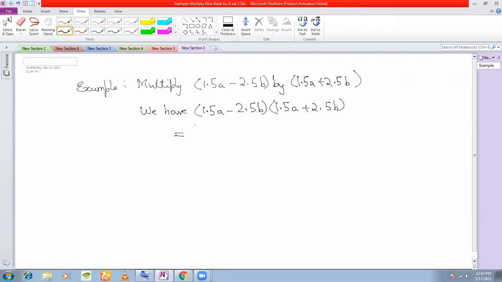Now see here, 1.5a you can convert to a fraction also, right? Instead of working with decimals, it is always convenient to convert it into a fraction. So let us convert these to fractions first. 1.5 can be written as 15 by 10 and 2.5 can be written as 25 by 10. Similarly here also.